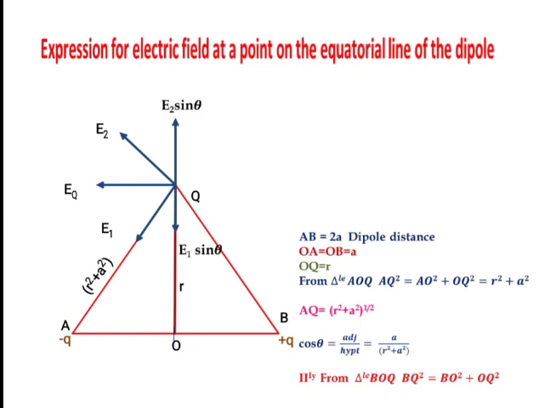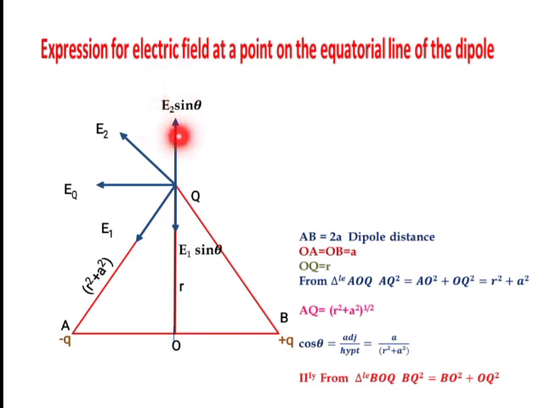Because we already studied the resolution of vectors. Resolution of a vector means one vector is split into two components. Suppose this is E2, then this is E2 sin theta and this will become E2 cos theta. Similarly, if we compare this diagram, this is E1, and this is E1 sin theta and this will become E1 cos theta.